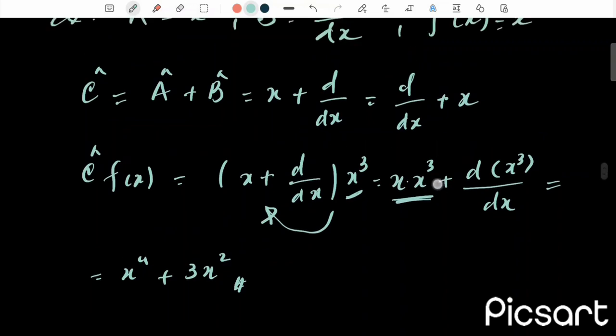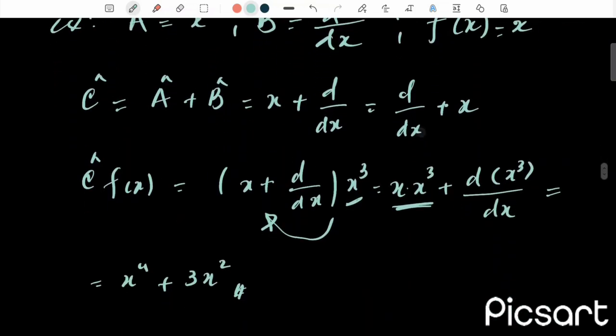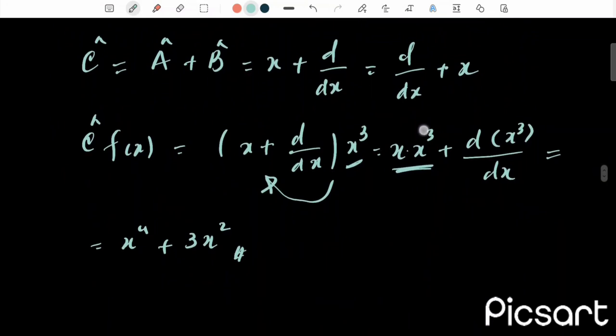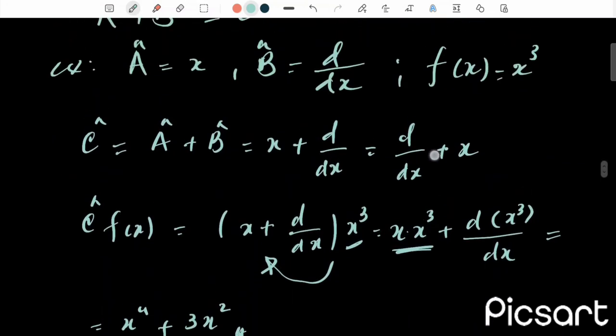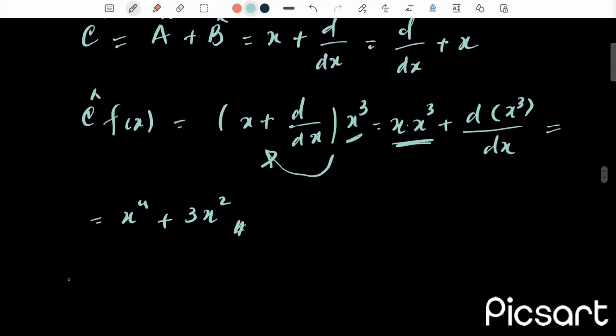Okay, this is an example of a sum of operators.